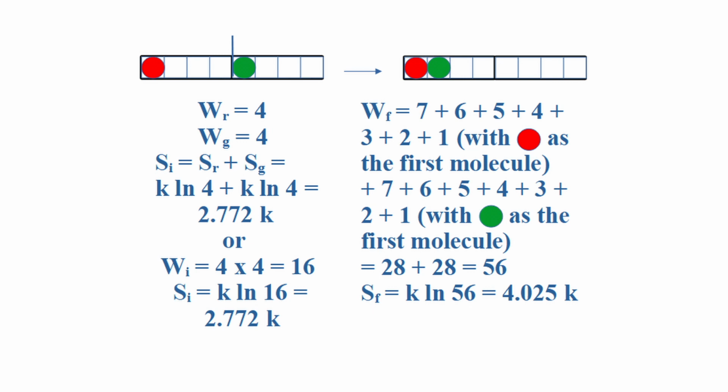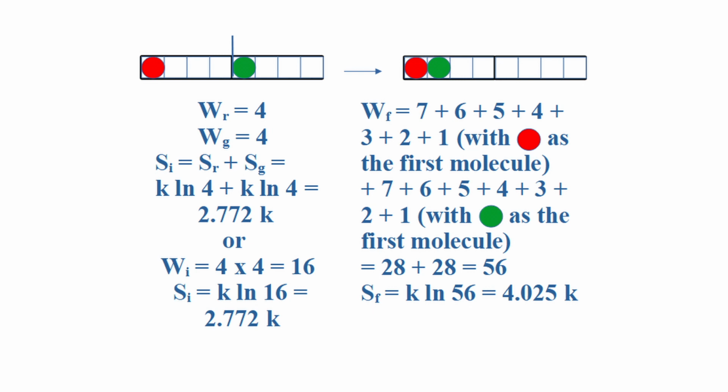These possible arrangements have to be counted separately. Therefore, Wf equals 28 plus 28, equal to 56, and Sf equals k ln 56, equal to 4.025 k.